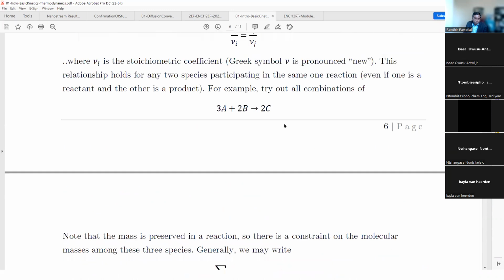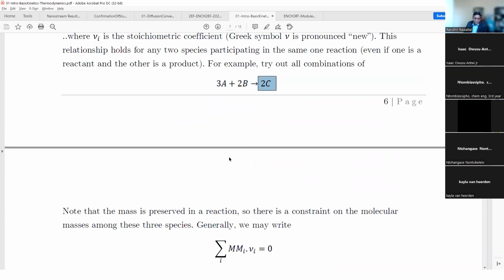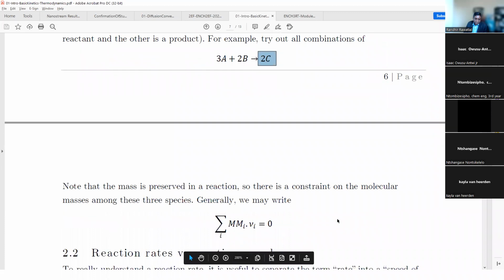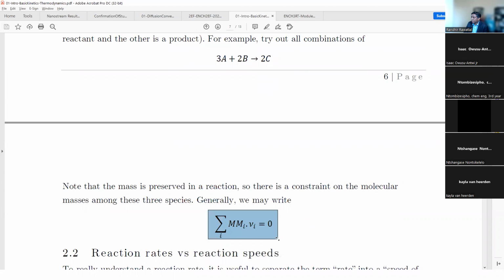So that's all true, but the total mass has to be preserved then. If we are simply rearranging the atomic centers, then the total mass on the left must equal the total mass on the right-hand side. And so we can say that the net mass change in a chemical reaction is 0.